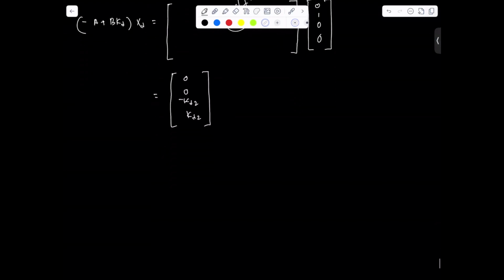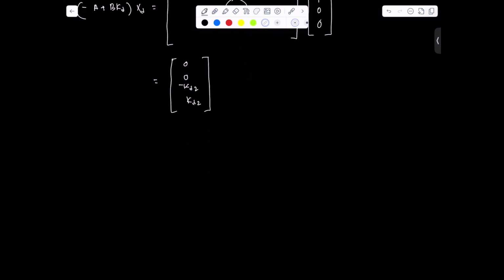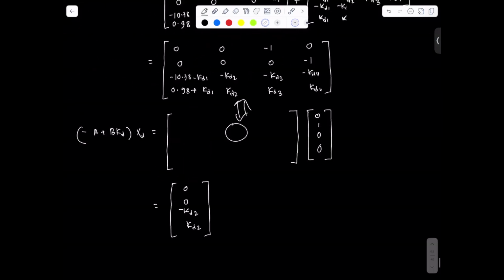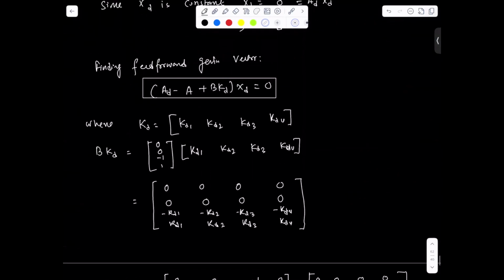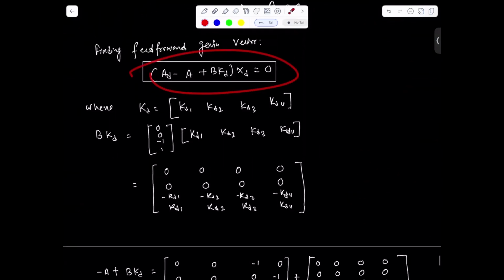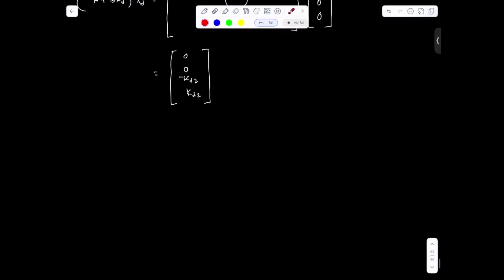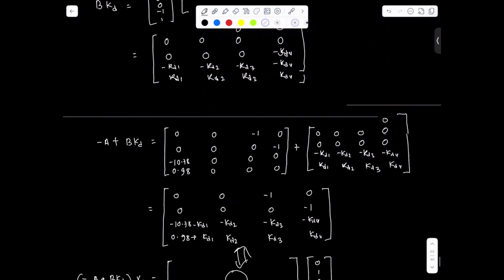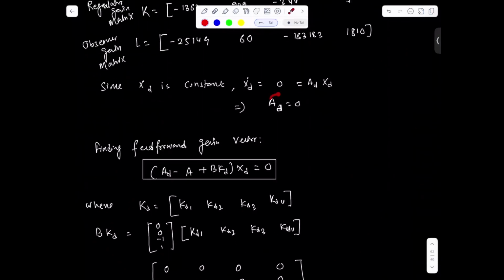Okay, so now we'll apply this condition. So now AD minus A plus BKD into XD. AD equal to 0, we have already found. AD is 0 here, right?